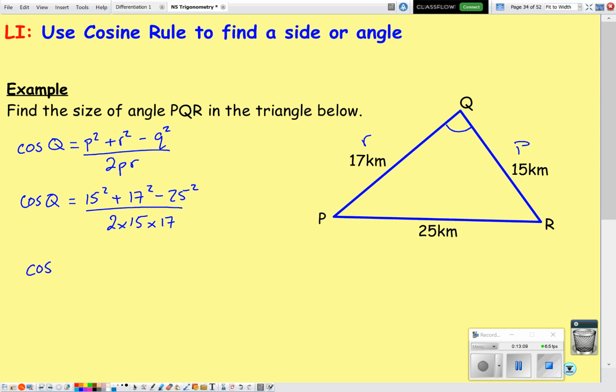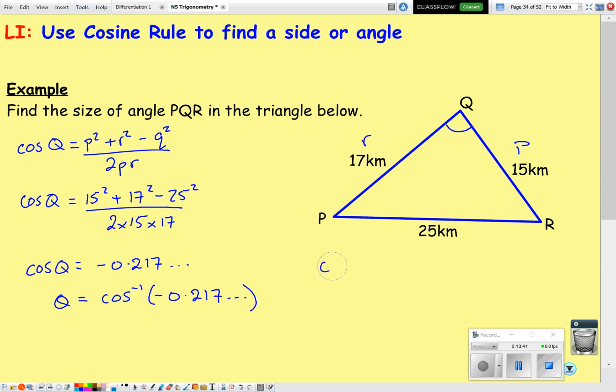Okay, again, run all that through the calculator exactly as it is, and this time you'll get a negative number. You will get negative 0.217. Now, there's not a problem with this. Don't be put off by the fact that it's a negative. All you need to do is take the inverse cosine of that. So inverse cos, don't clear the screen, negative 0.217.